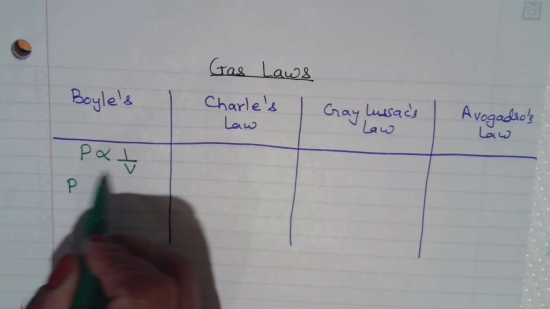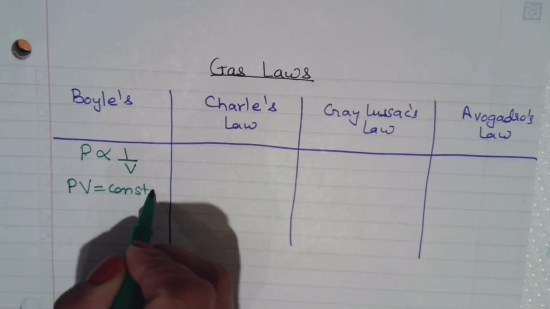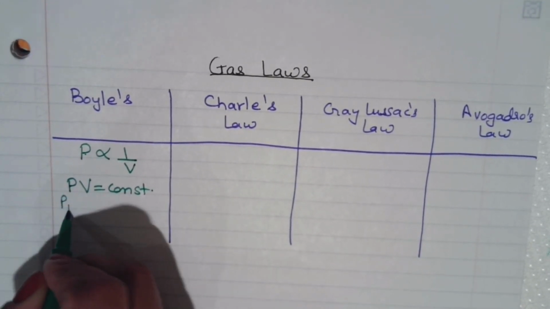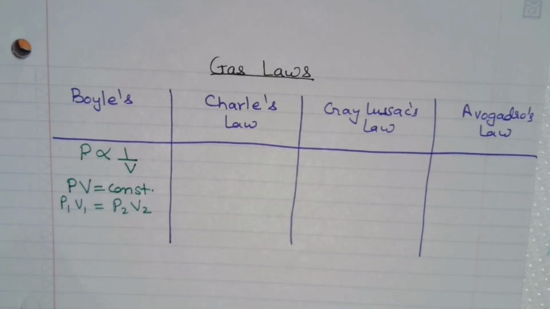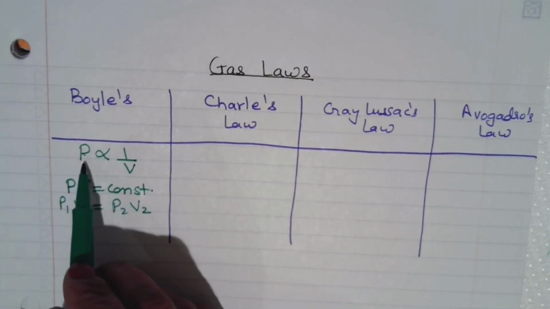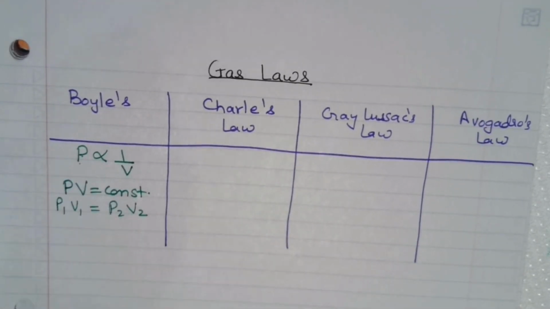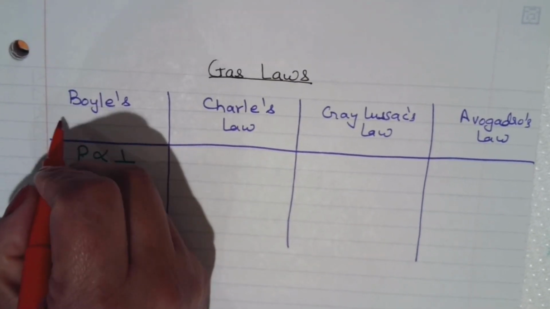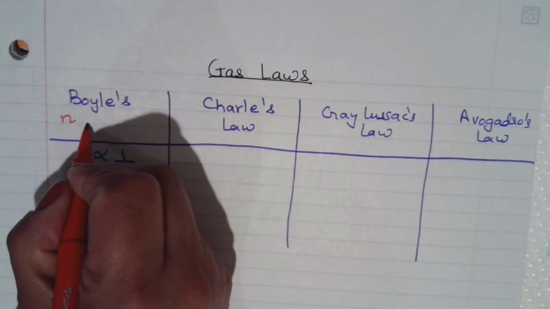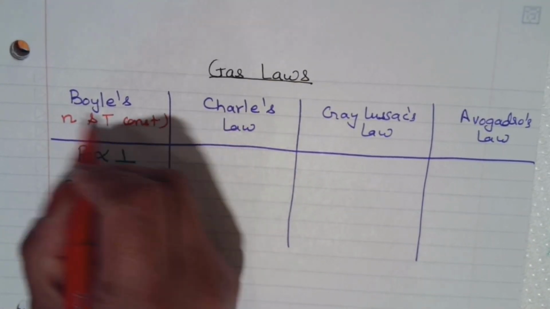So this means P times V is always constant, and we can say P1 V1 equals P2 V2, right? So since we are studying the pressure and volume relationship, it means we are keeping the number of moles N and T constant, right?